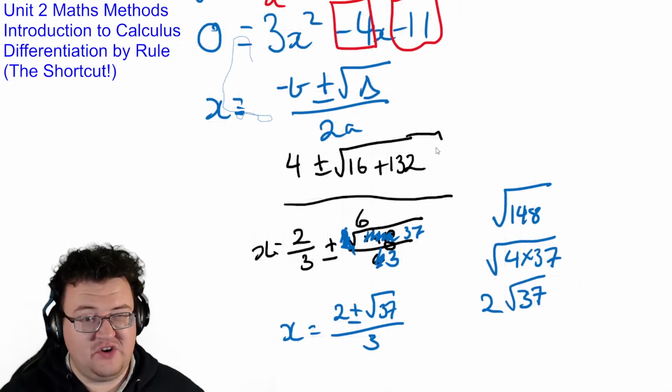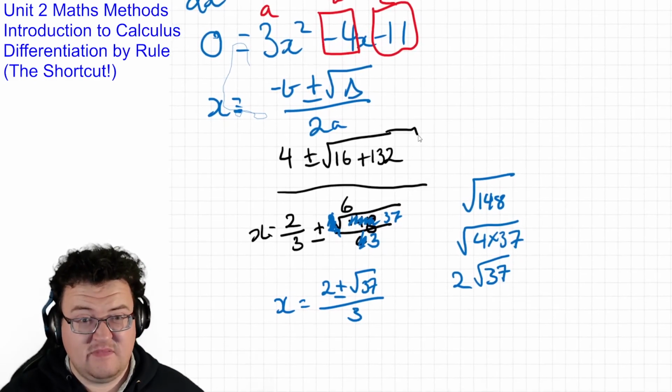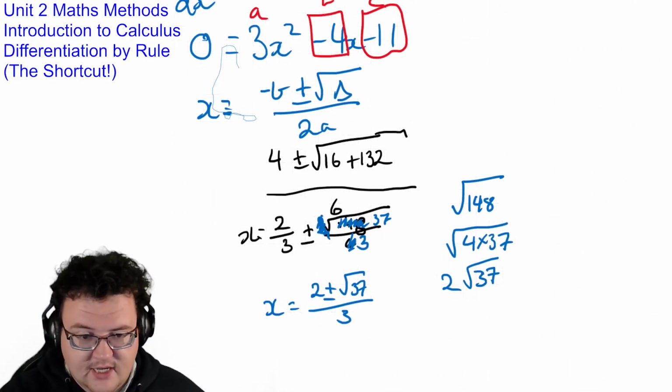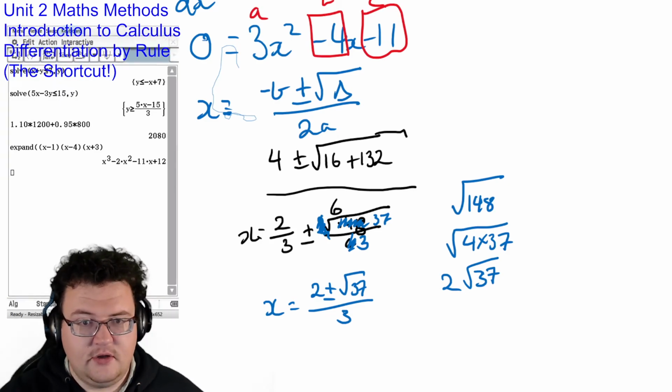You want to know the quickest way to do it in your CAS? Yeah, you guys probably want to know the quickest way to do it in your CAS. All right, CAS on.